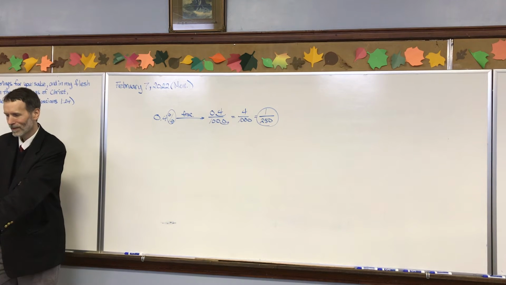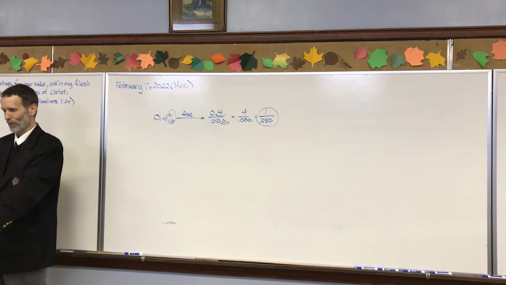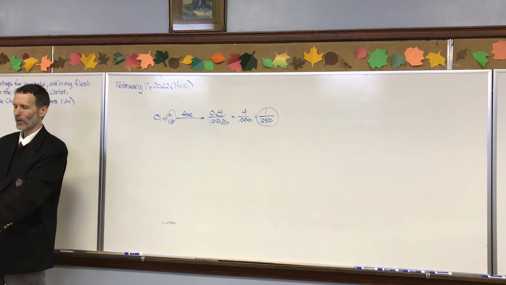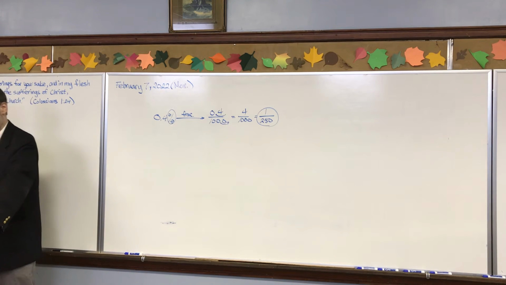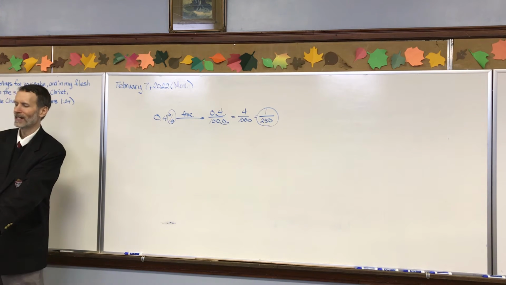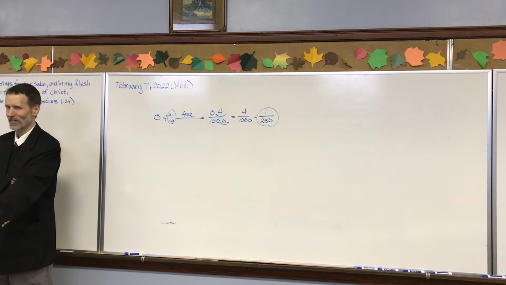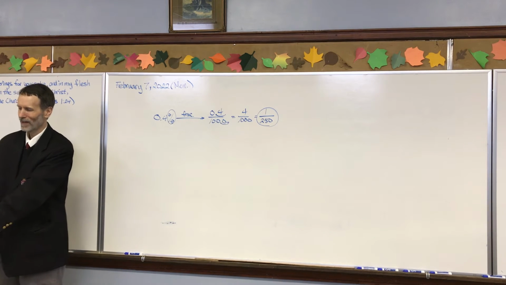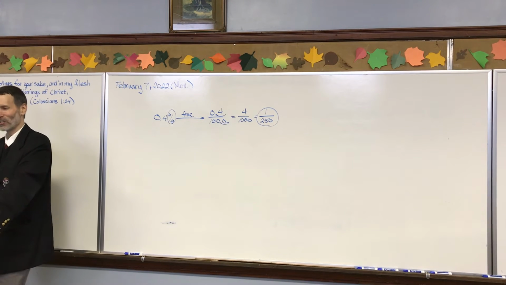Number 15 is 848/1000, but that reduces to 106 over 125. Number 16 is 4 over 9. Number 17 started as 51 over 99, but that reduces to 17 over 33. Number 18 started as 296 over 999, but that reduces all the way down to 8 over 27. Any repeats on that? No pun intended.